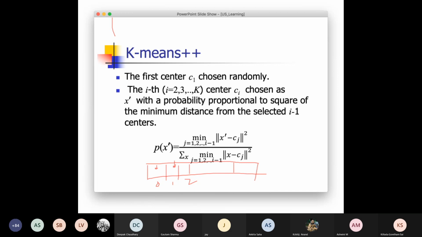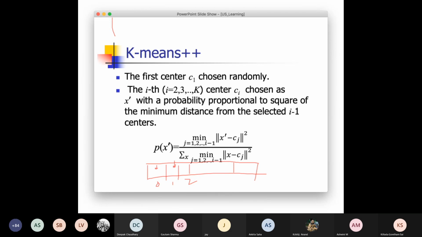Suppose there are i minus 1 centers and you are choosing the next candidate center. You find the minimum distance to the existing centers, take the square of distances, and the probability is proportional to that for every candidate element. So this first defines that probability distribution.